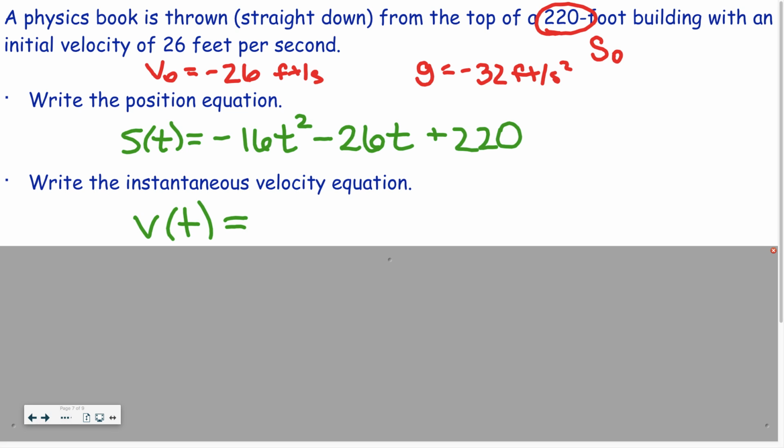What's the derivative of this? It's going to save time on 3B. Okay, our velocity equation, our derivative, power rule, power rule. Negative 32t minus 26.